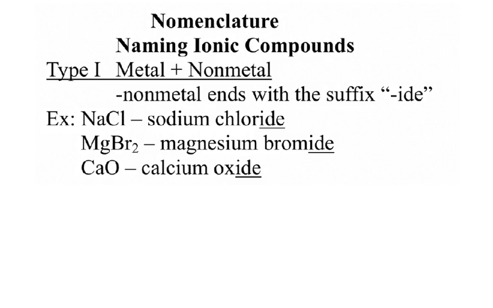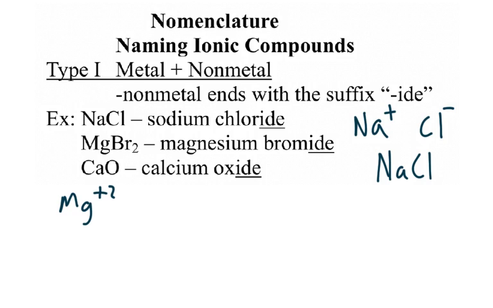These were three examples. Sodium chloride, you see as NaCl, and we obtained this formula by using the crisscross method. Notice these are the charges for sodium and chlorine, and when they get crossed, the ones cancel and you just get NaCl. Magnesium bromide is another example. Magnesium has a +2 charge.